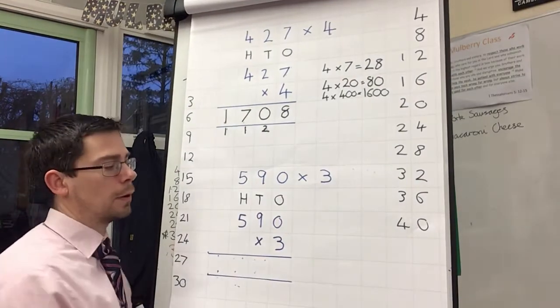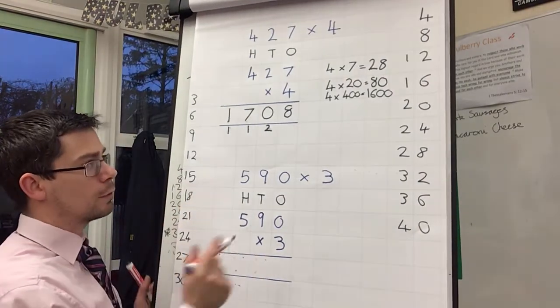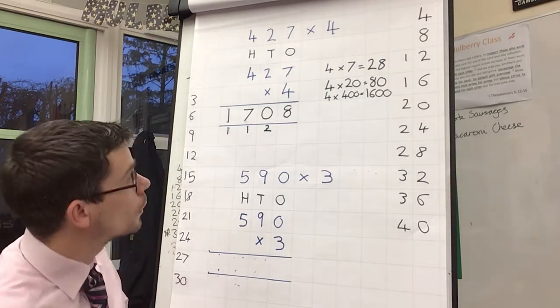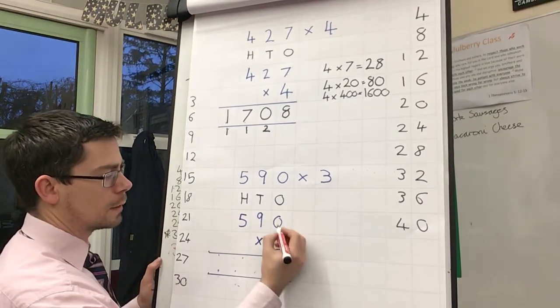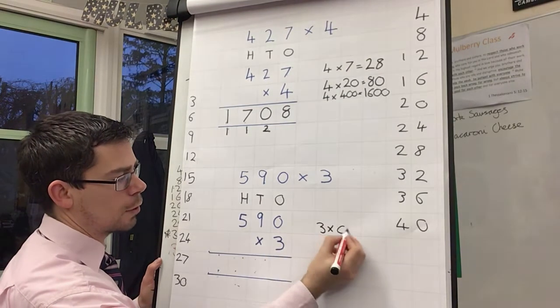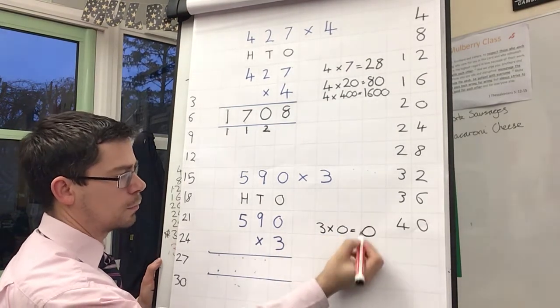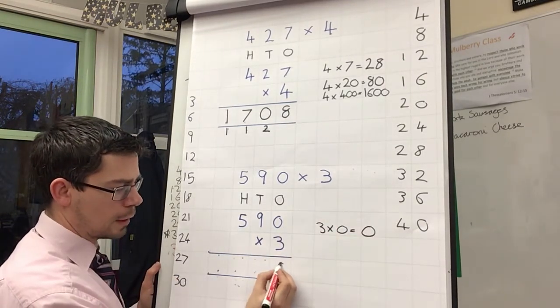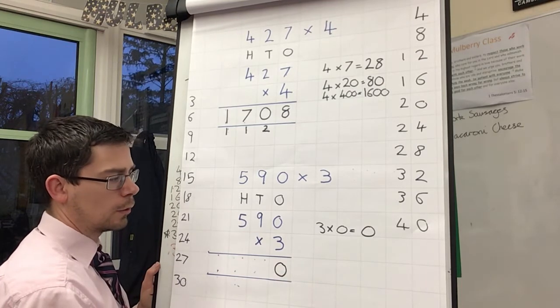So this time I'm timesing each part by 3. So the first thing I'm going to do, get the black pen out for this bit, put the blue pen down, is 3 times 0. 3 times 0 is 0. There are no 3s, so there is nothing there. So I can put in my 0 in the ones column.